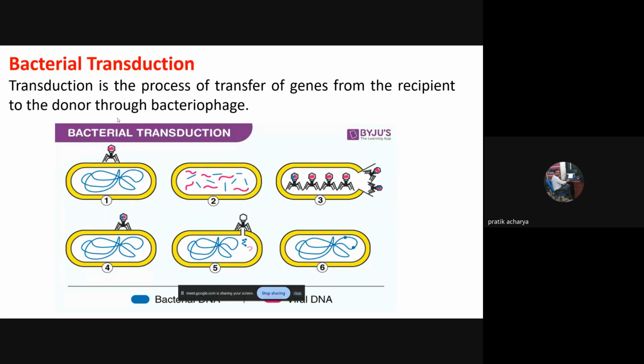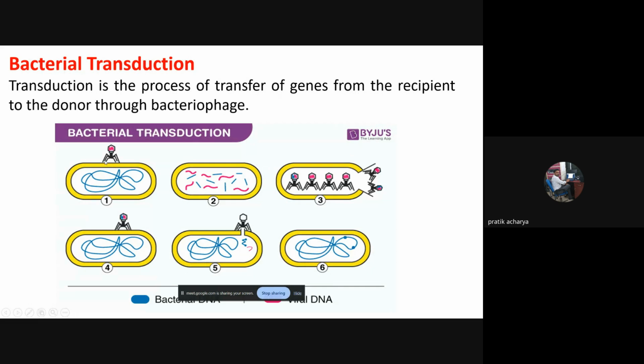The second step is phage replication. Phage replication explains what? The phage DNA takes over the bacterial machinery, making the host bacterium produce new phage particles. So here, this is the bacteriophage.